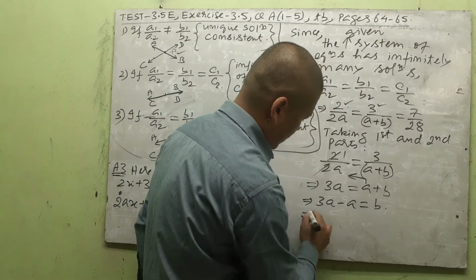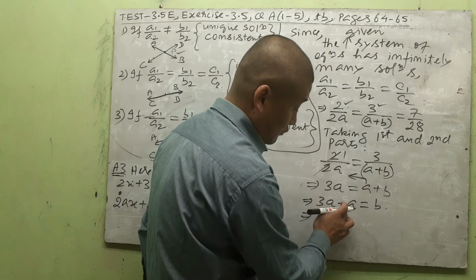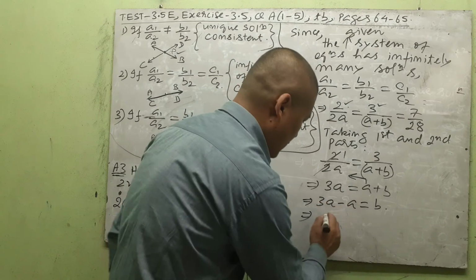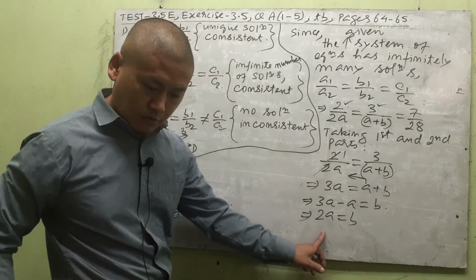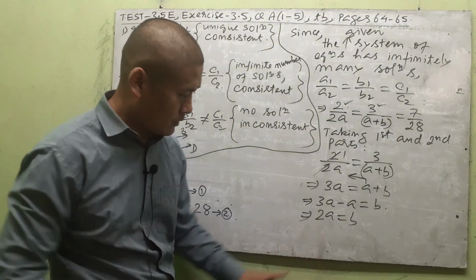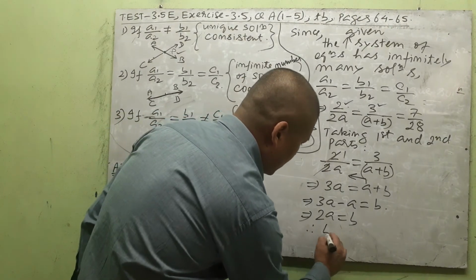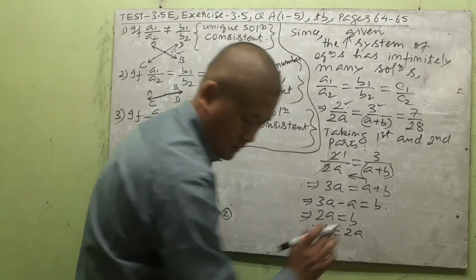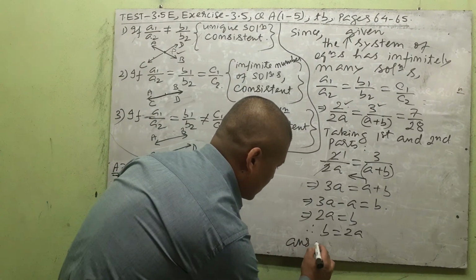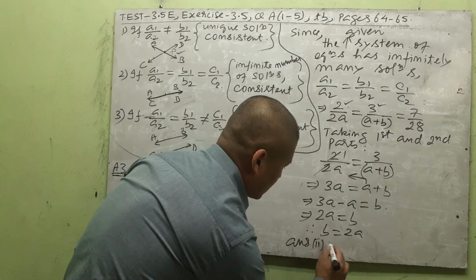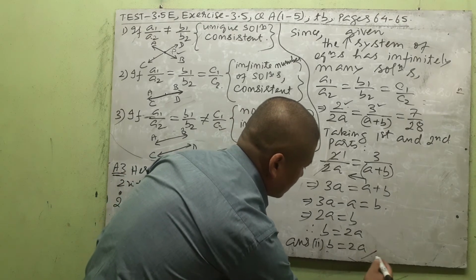So 3a minus 1a is 2a, equal to b. Therefore b is equal to 2a. Choice number 2 is the answer, where it shows b equal to 2a.